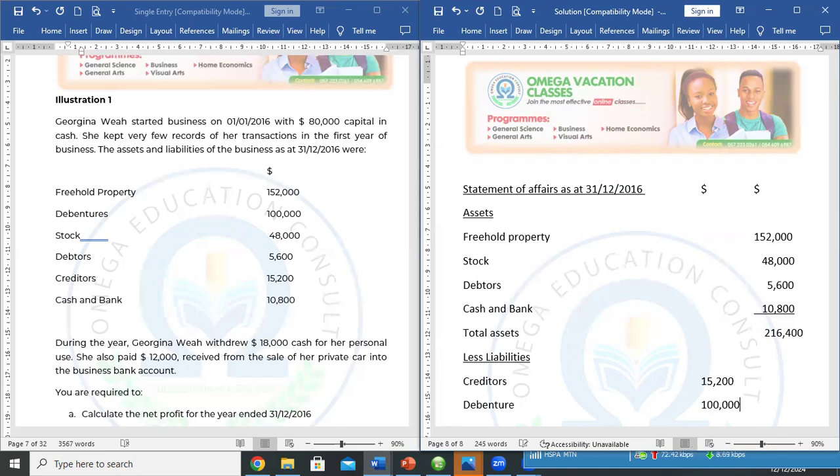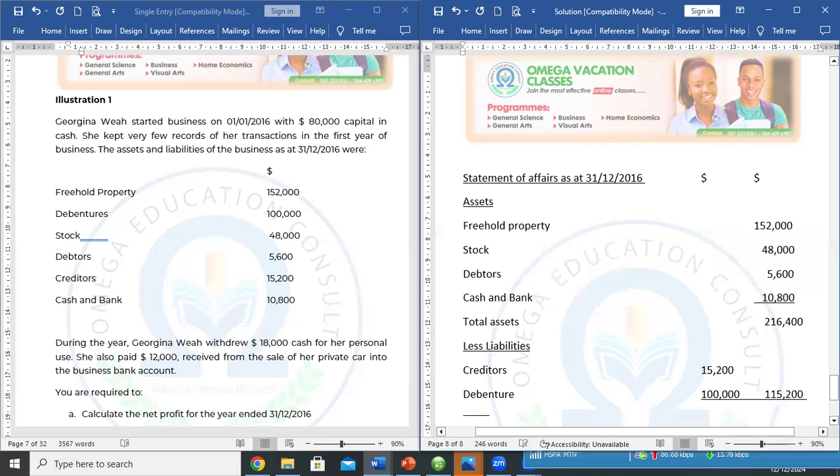So altogether, our total liability would be 115,200. So when we less that, we can now arrive at our capital.